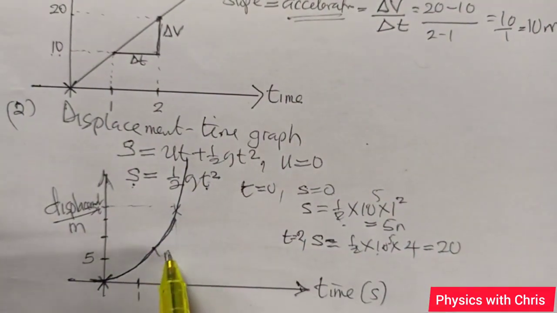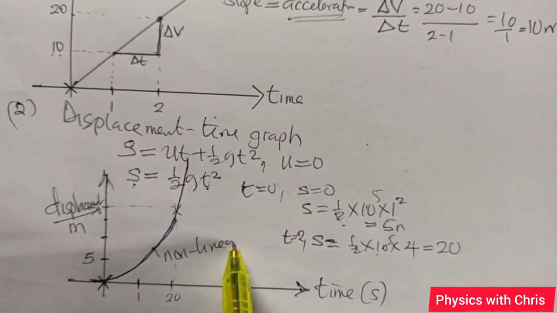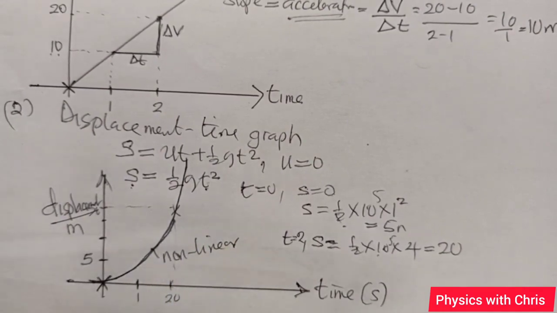So the graph is non-linear, because the variation of the distance fallen with time is not a straight line. We are plotting distance fallen against time, whereas the time has a square. So that's the behavior of the graph of displacement against time.